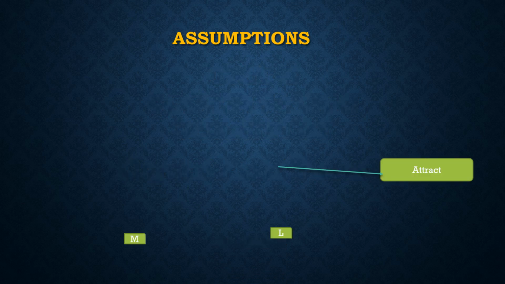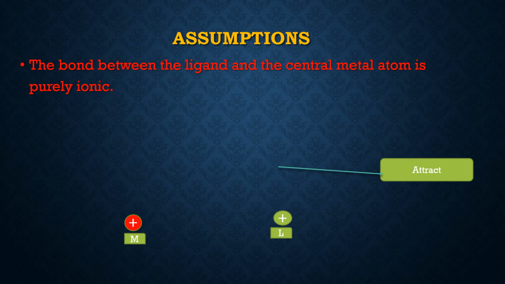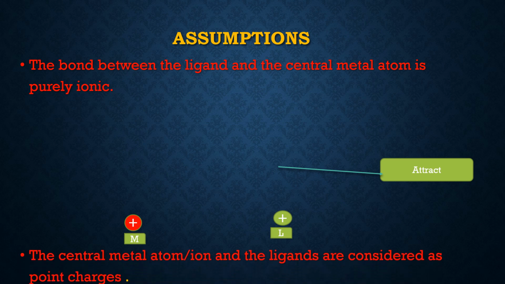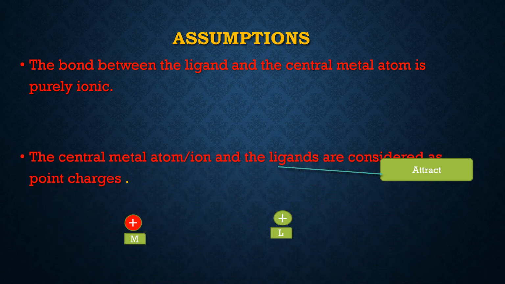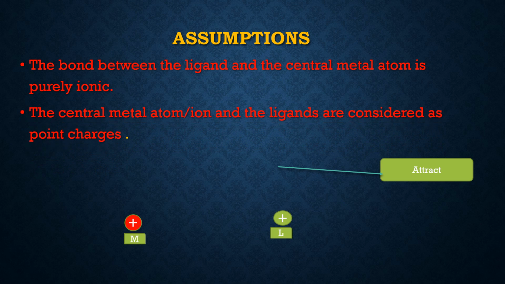In this crystal field theory also, we have some assumptions. It fully depends upon the central metal atom and ligand. The bond between the ligand and the central metal atom is purely ionic. The central metal atom or ion and the ligand are considered as point charges.